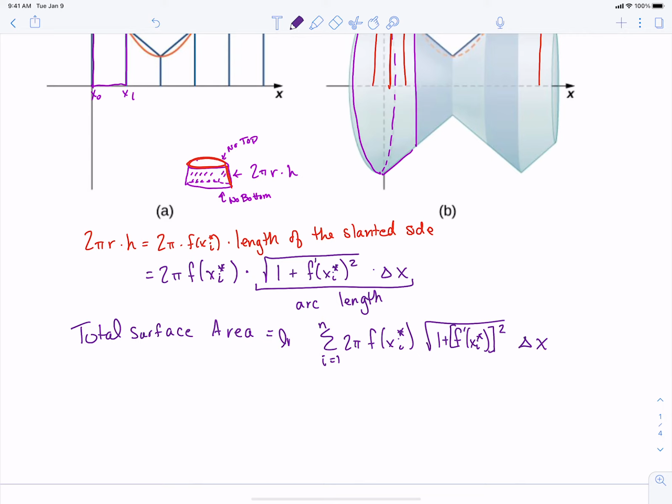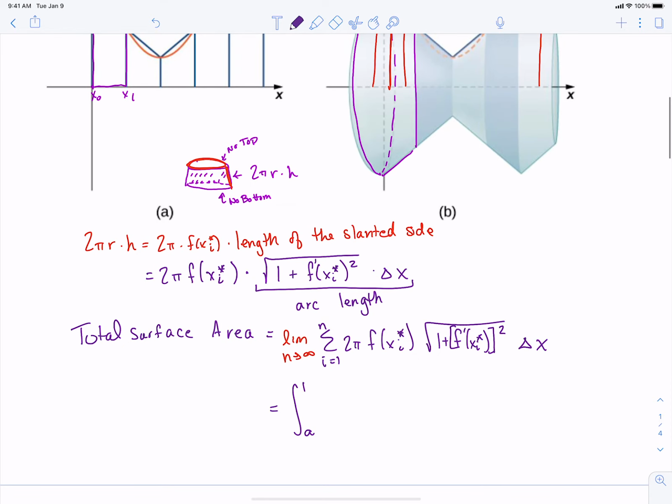Sorry, my handwriting is not the greatest today. But then we, of course, will take the limit here as we go to infinity because we want to make more and more slices. And as we do that, that will limit out to give us the integral from a to b of 2 pi f of x, and then our arc length in there. So this is really pretty much the same.